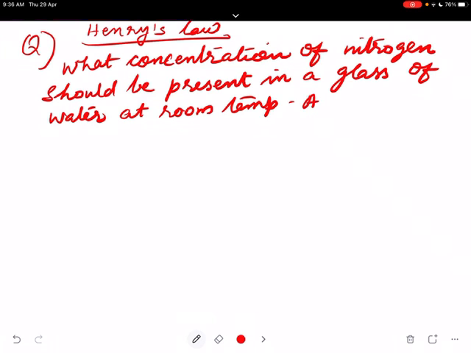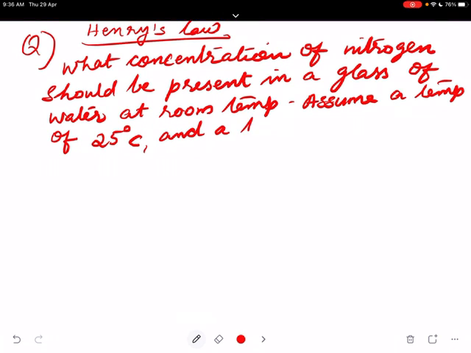This is based on Henry's law. Assume a temperature of 25 degrees Celsius and a total pressure of 1 atm.